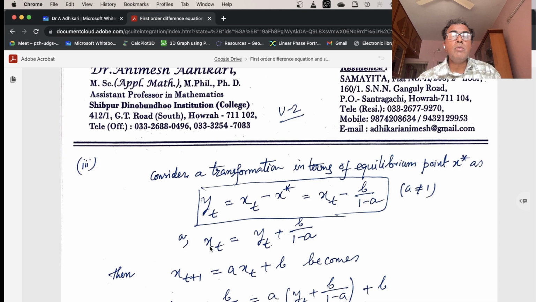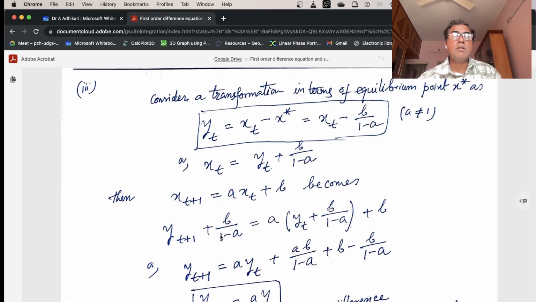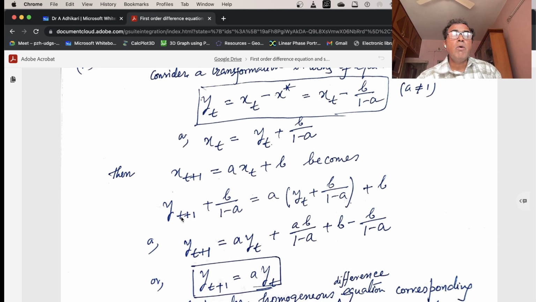So x_t equal to y_t plus b by 1 minus a, and then obviously x_{t+1} equal to a x_t plus b.